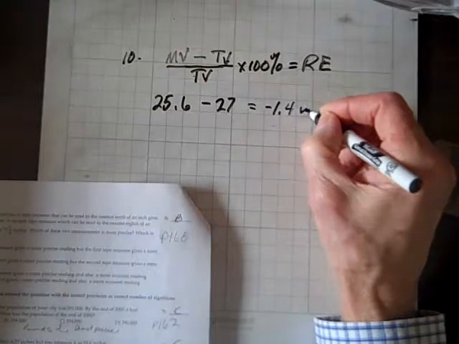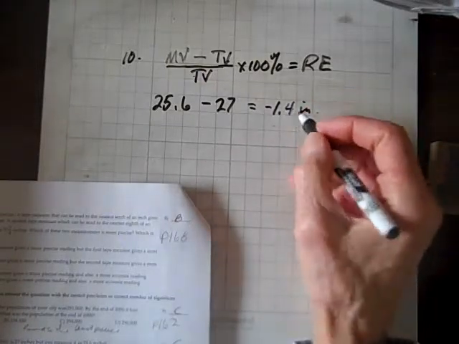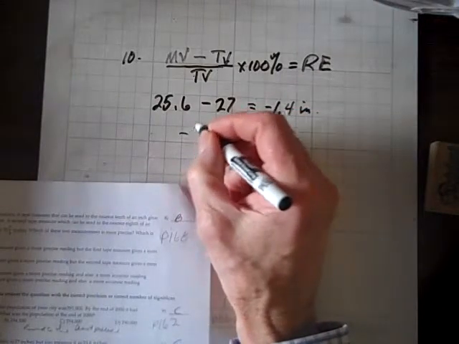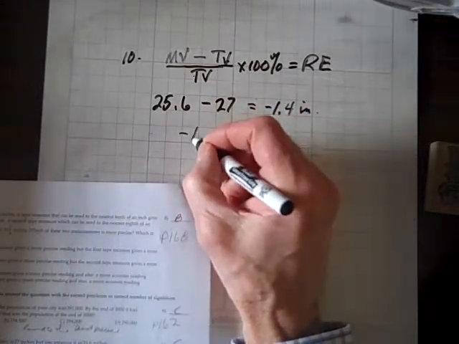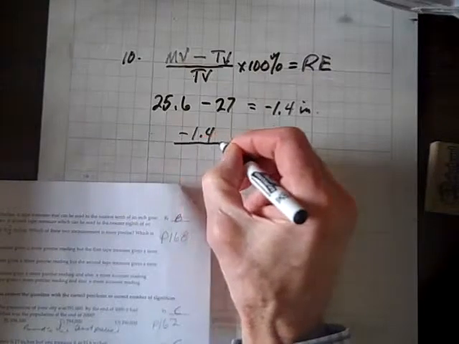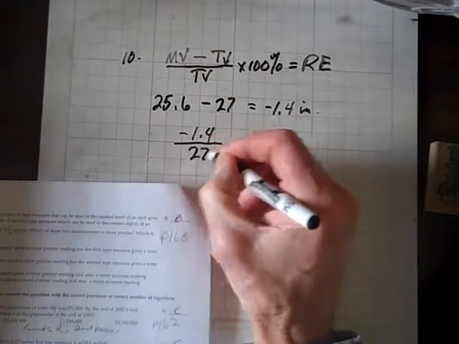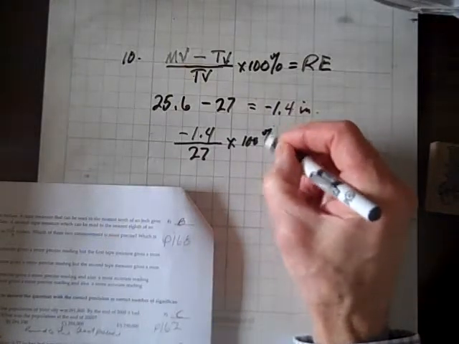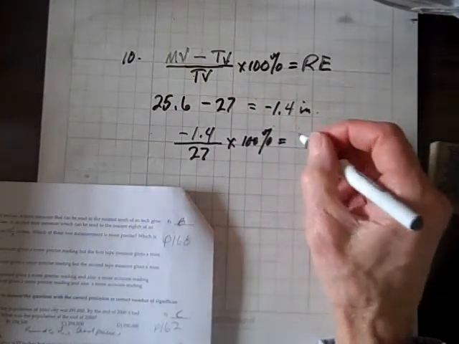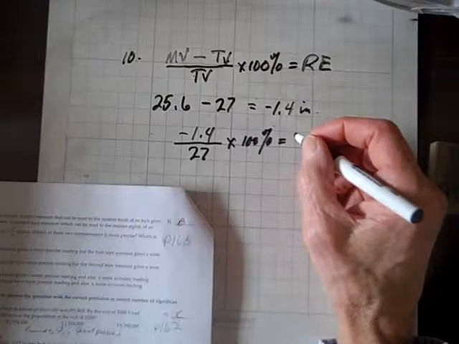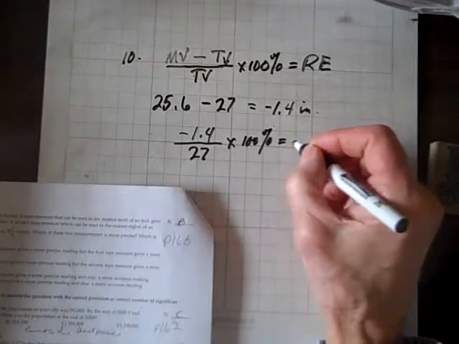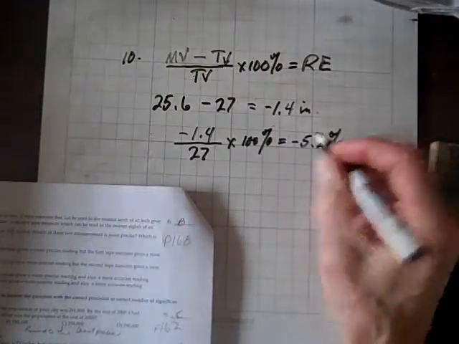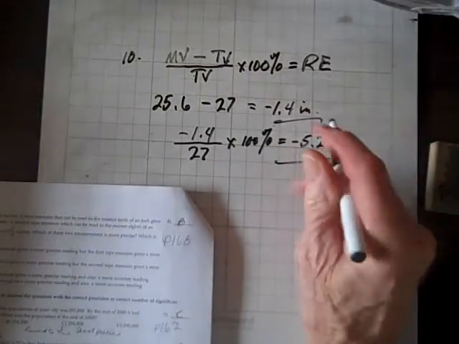And I'll put the units in here. And so that's the absolute difference. To find the relative difference, we'll take this difference, negative 1.4, divided by 27, multiplied by 100%, and that'll give us a relative difference of negative 5.2%. And there's our two differences.